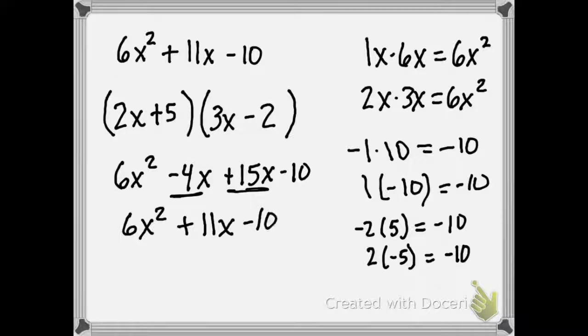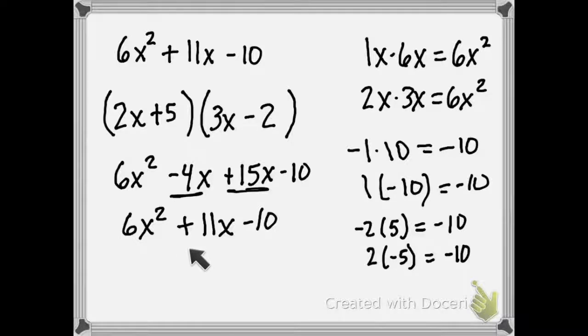Now, if I didn't, then I would try to swap them. Maybe the 2 should go in the first parentheses and the 5 in the second, and then try that. Swapping the signs, if I made it 2x minus 5 and 3x plus 2, all that would do is change the sign of this 11x here.